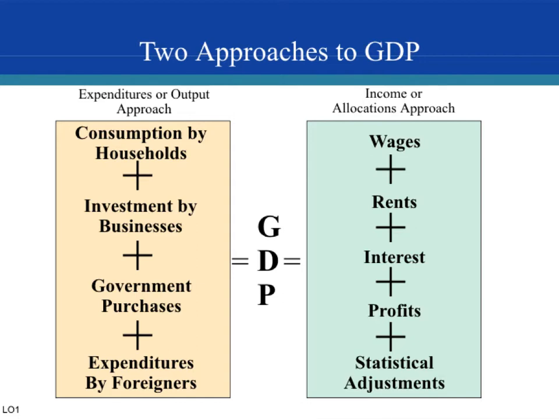So it would be what households buy, what businesses buy for investment purposes. Again, just a note, investment here does not mean financial investment. We're not buying stocks and bonds. This is where we're buying capital equipment, factories, etc. And then what the government purchases, and also net exports. Net exports is exports minus imports.